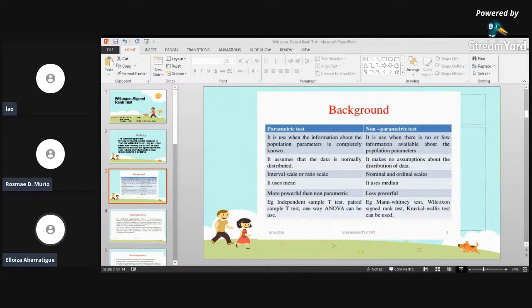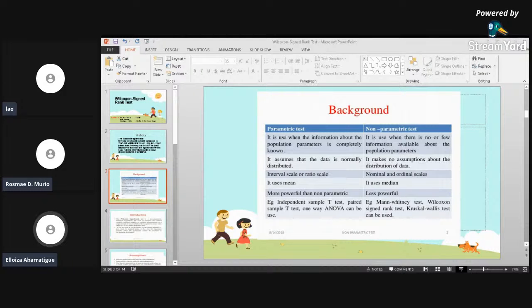Next is the non-parametric test. It is used when there is no or little information available about the population parameters. It makes no assumption about the distribution of the data.